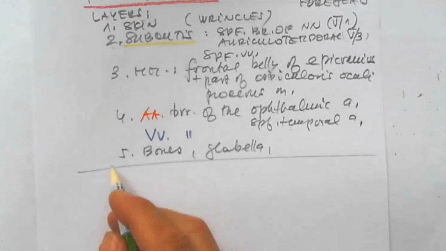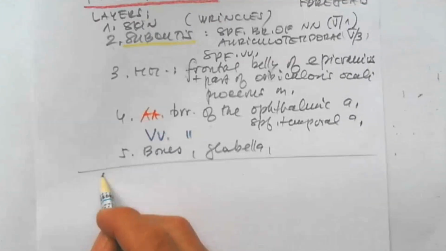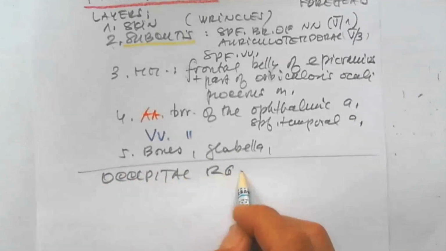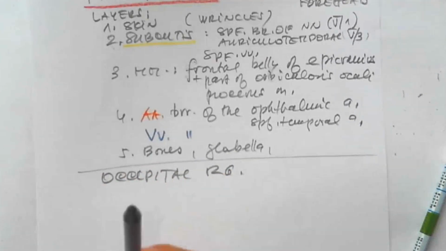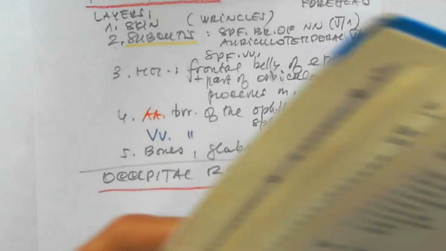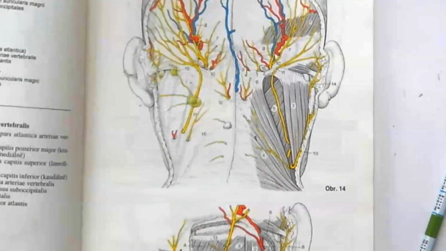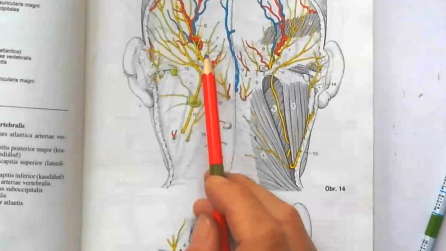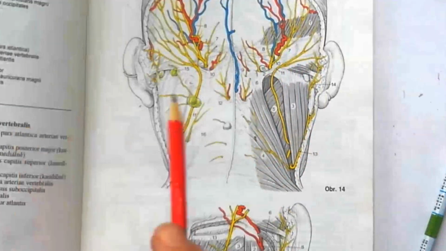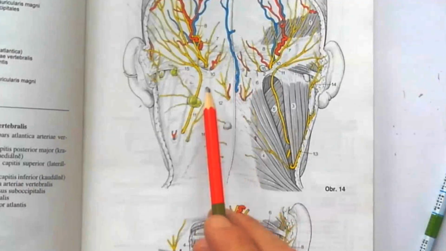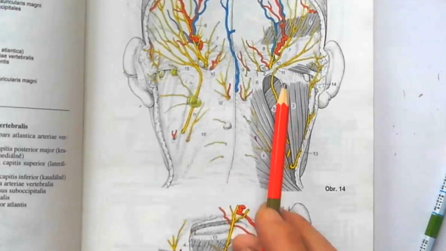Starting with the next example, the occipital region. Looking at the occipital region, this is the region where we see the occipital artery and vein, and then the nerves, which belong to the plexus cervicalis, the cervical plexus.